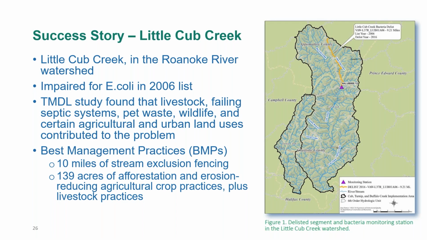As a result, water quality in the Little Cub Creek improved over the course of a decade, and by 2016, the creek was no longer listed as an impaired waterway. So this is an example of how a creek can get off the impaired waterway list. In this case, it did take a decade. Some of them will be shorter, some of them may take longer, but this just gives you a general idea that it's not necessarily a quick and easy process.